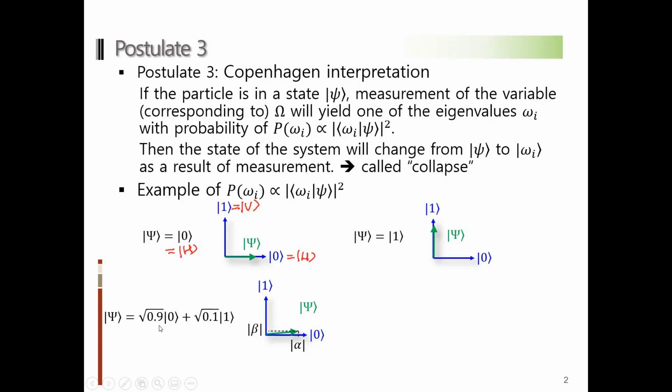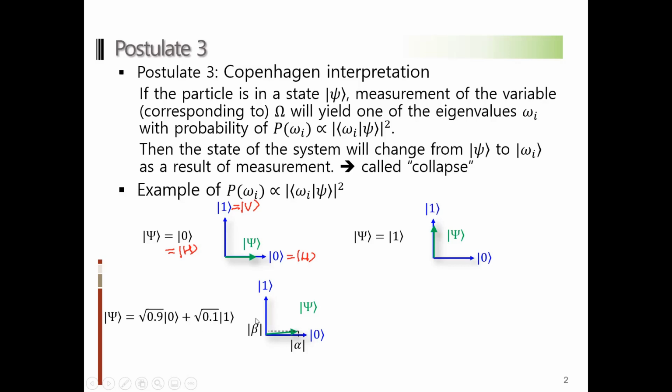What's the meaning of the probability amplitude? According to postulate 3, the probability of measuring 0 is proportional to 0.9, while the probability to measure 1 is proportional to 0.1.